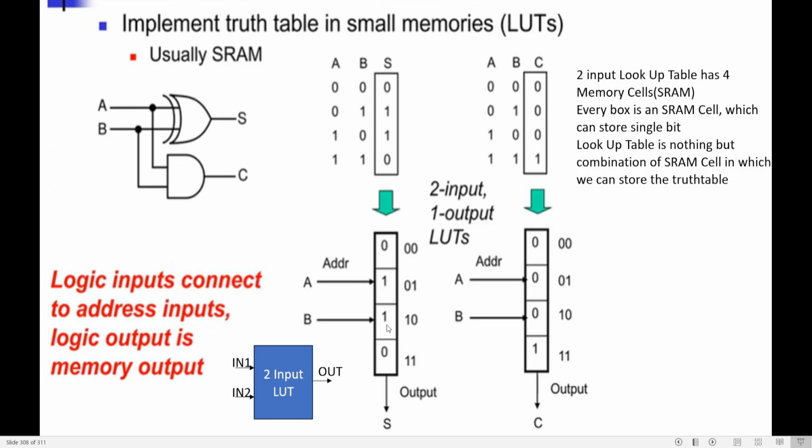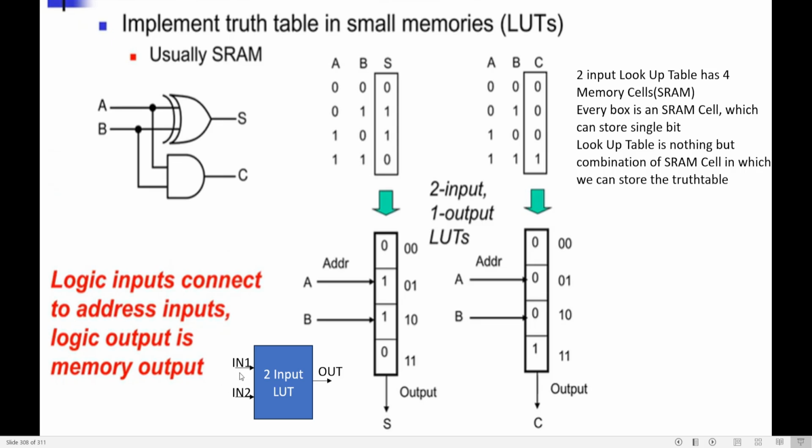Okay, now can we define what a lookup table is? A lookup table is nothing but a combination of static RAM cells. These are all static RAM cells. So it is a combination of static RAM cells in which we store the truth table. Can you see? The output of this truth table is stored in the static RAM cells. Now the logic inputs are connected to the address lines.